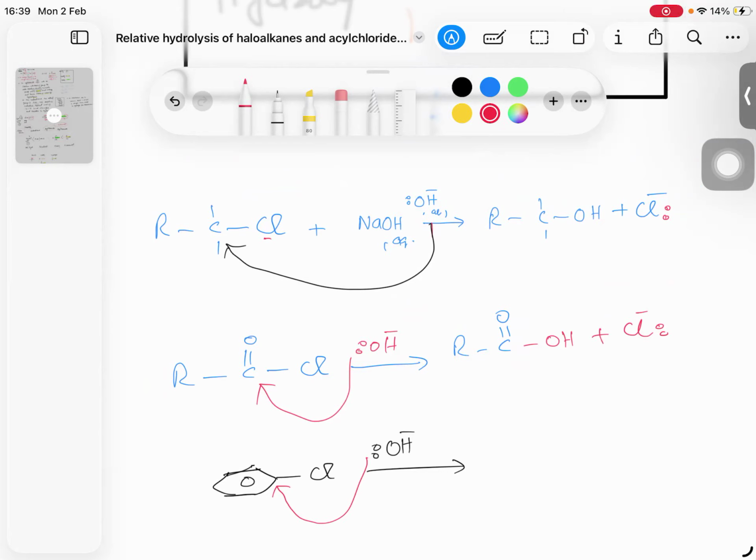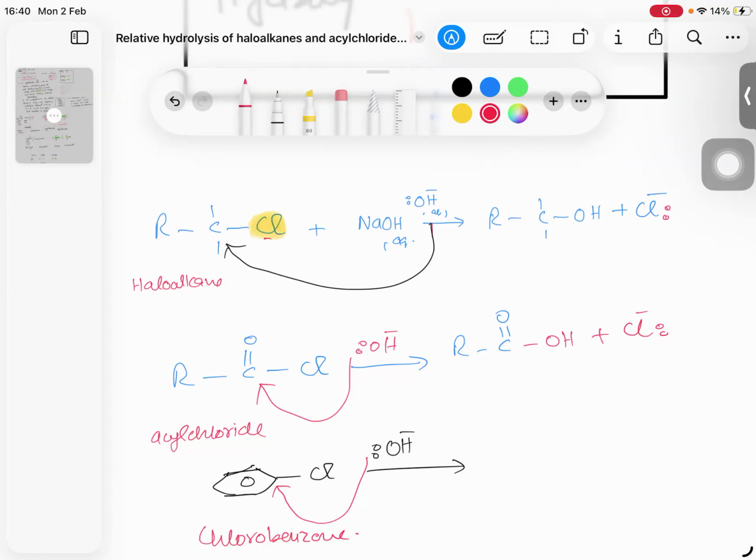So hydrolysis, I hope you understand, is the replacement of Cl, the halogen. The first one is a haloalkane. The second one is acyl chlorides. And the third one is chlorobenzene. So it's a substitution of Cl in all these cases by the OH.